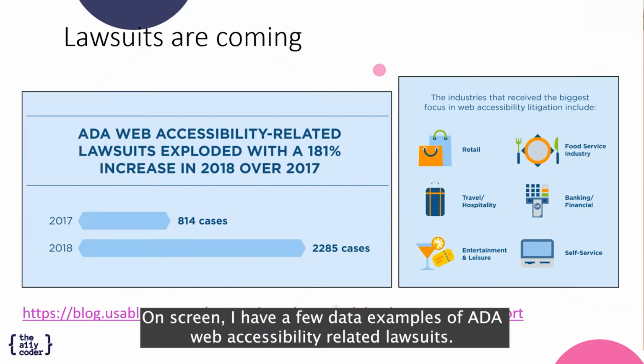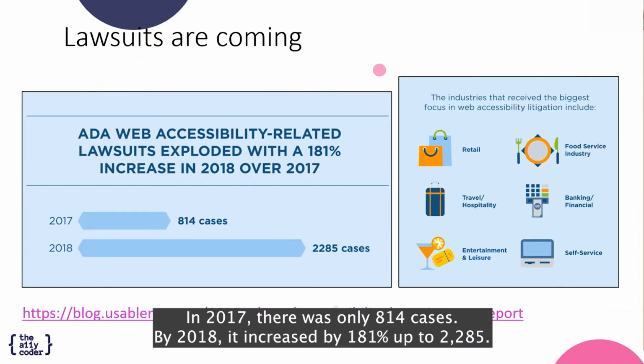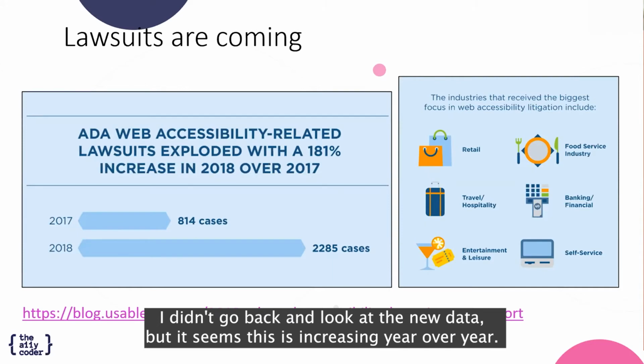On screen, I have a few data examples of ADA web accessibility related lawsuits, right? In 2017, there were only 814 cases. By 2018, it increased by 181% up to 2,285. I didn't go back and look at the new data, but it seems this is increasing year over year.